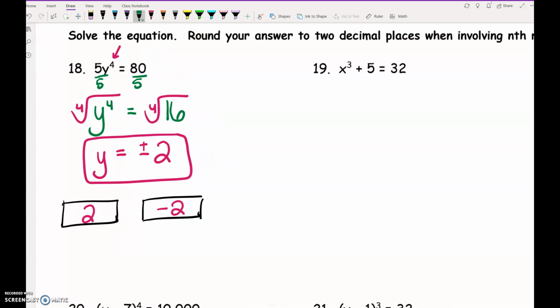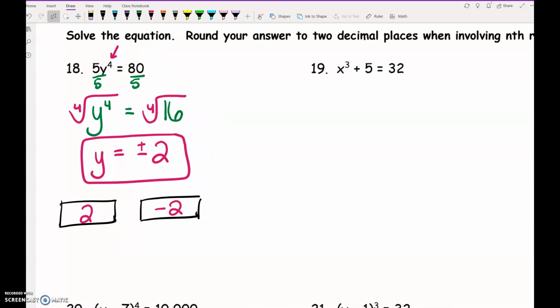All right, number 19. What do you think we need to do first in number 19? Subtract 5. So x to the third equals, give myself some space, 27. Which root should we use? The third root.